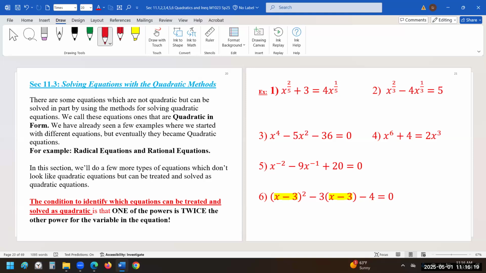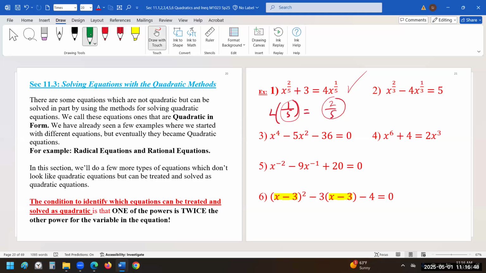One power is 1/5, the other power is 2/5. The two powers we have. If you multiply the smaller one by 2, do you get the bigger one? What is 2 times 1/5? 2/5. So do you have both of them here? Twice the smaller power is the bigger one. We have that, right? So we can solve it using the quadratic method.